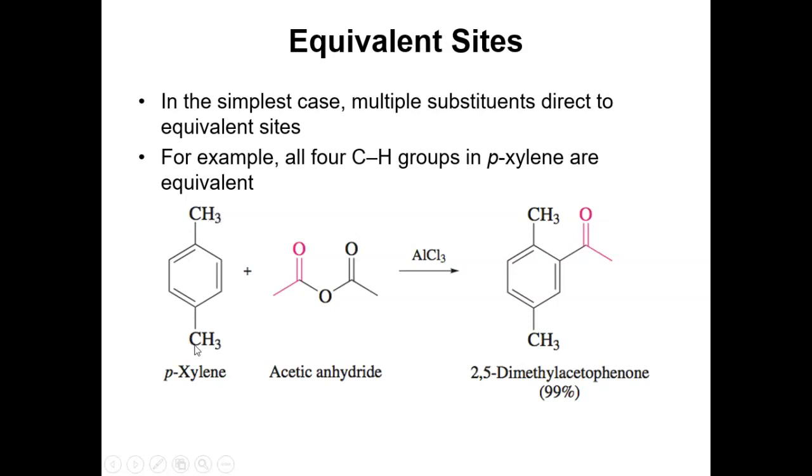Okay, although there are two substituents, it doesn't matter which site the electrophile attaches to. All of them will be ortho to one of them, meta to the other. Okay, they are equivalent, so it doesn't matter. Okay, that's the simplest case.